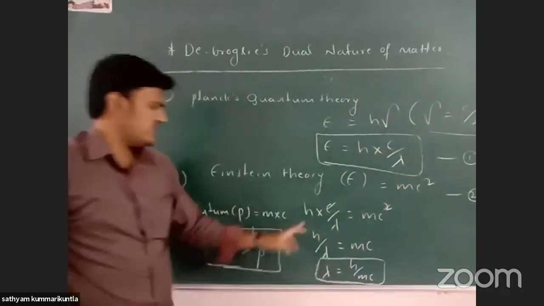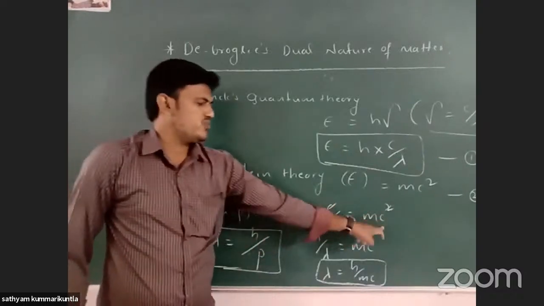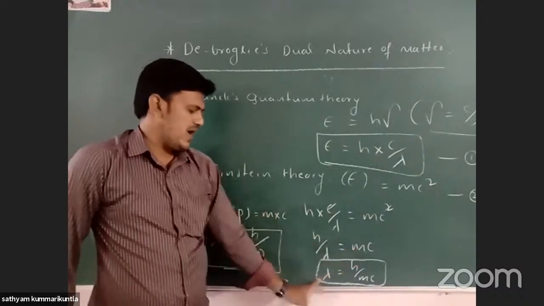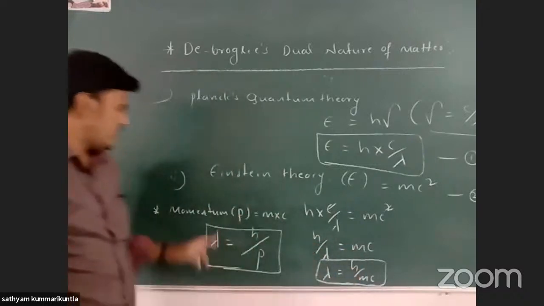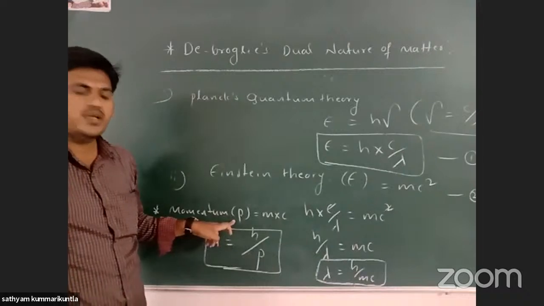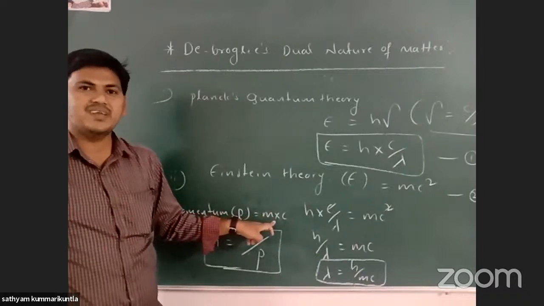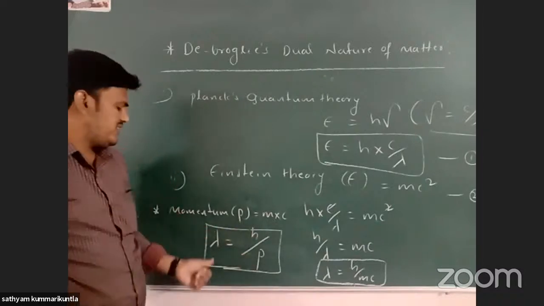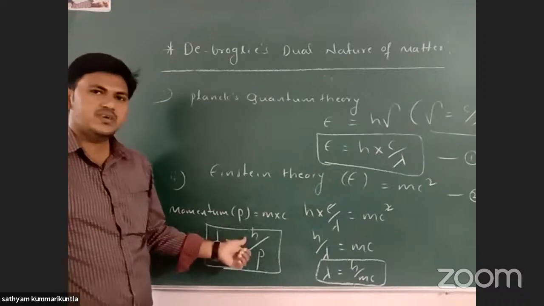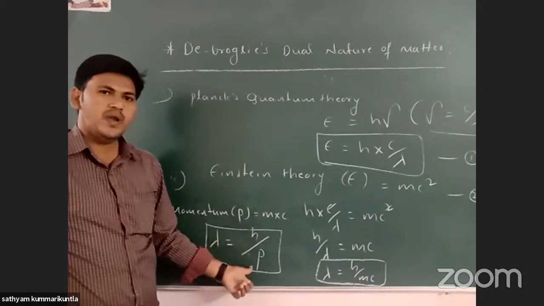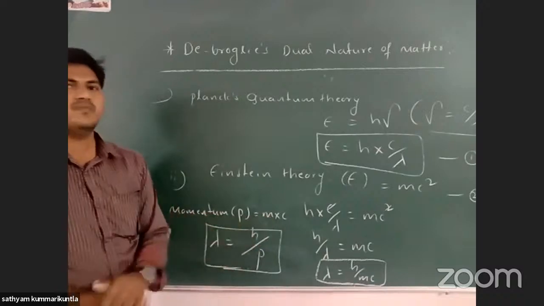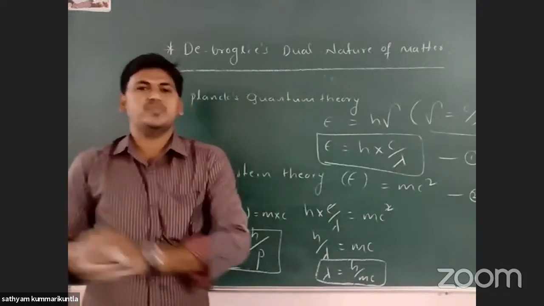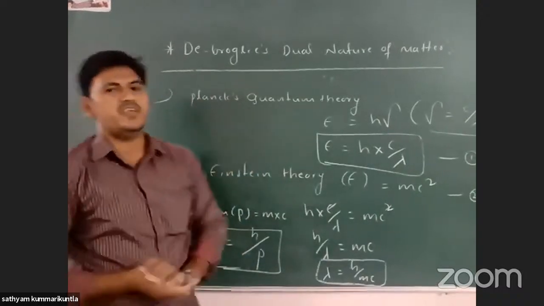Equating them, c cancels, h by lambda is equal to mc, then lambda is equal to h by mc. Momentum p is mass into velocity, so lambda is equal to h by p, where lambda is wavelength, h is Planck's constant and p is momentum. This is de Broglie's equation. The first is Planck's quantum theory and the second is de Broglie's equation.